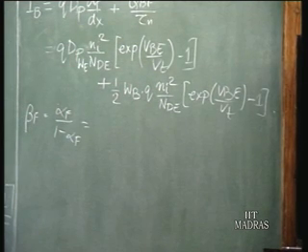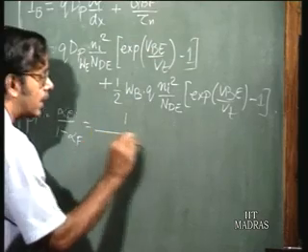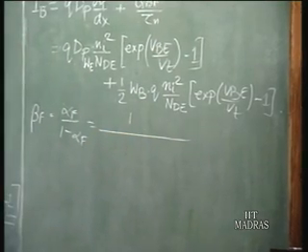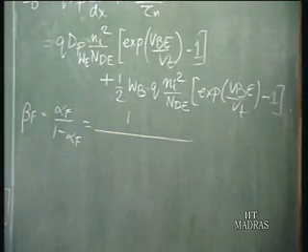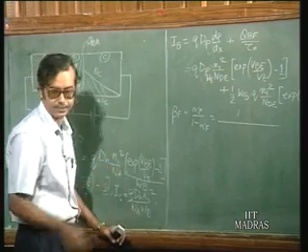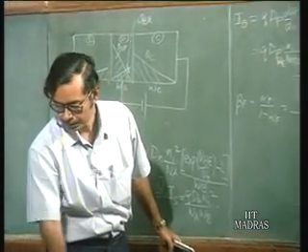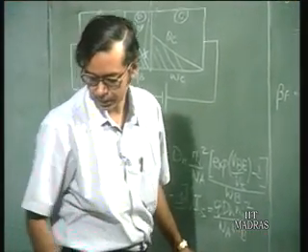So, what you are left with, if you write it in this fashion, is 1 by q dn ni squared by na.